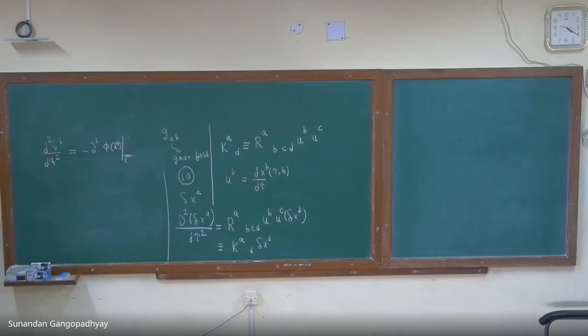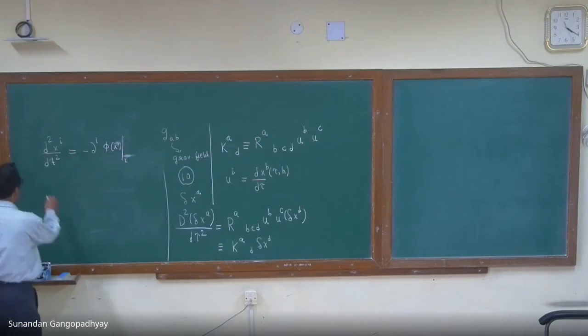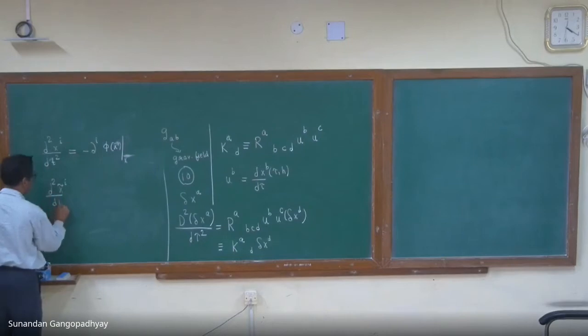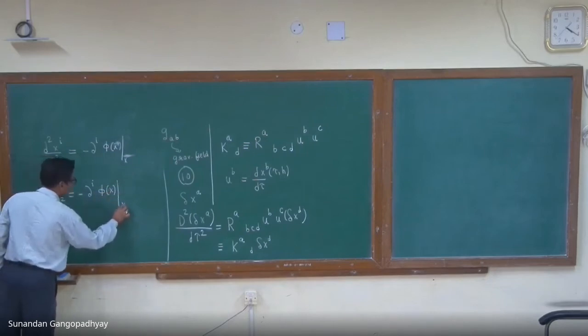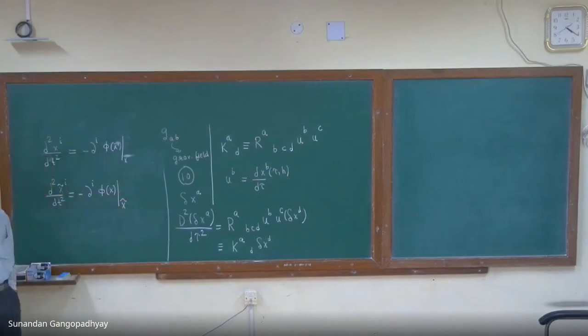So this is for a particular trajectory. A nearby geodesic will satisfy this; this is for a nearby geodesic.